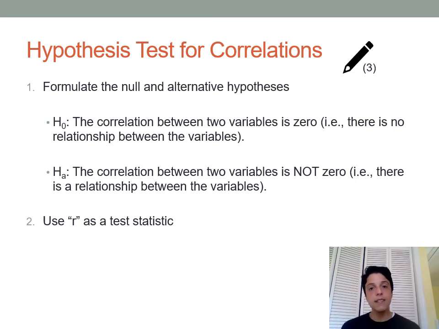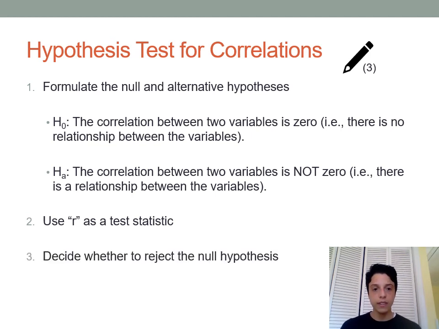In a hypothesis test for correlations, the only test statistic is just that correlation value. So whatever your correlation is, it tells you about what's going on in your sample, and it can also be used to find a p-value by plotting it on a sampling distribution. And from there, we decide whether to reject the null hypothesis.